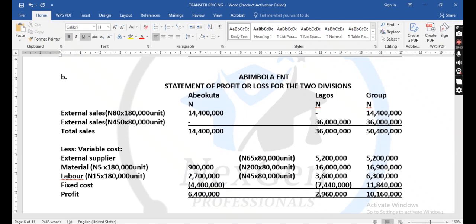Okay, Lagos now. Who is giving me the figure? Just one person, right? 3,760,000.